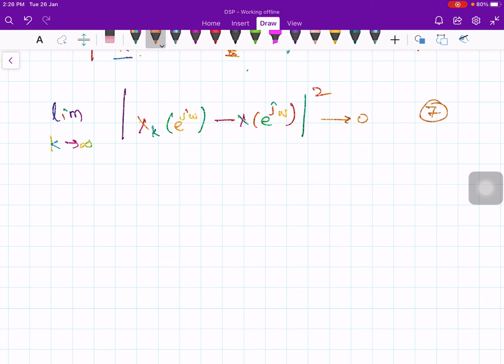Why does the error have to go to 0? Because it is square summable. If you assume square summable, then this minus this must be equal to 0. Since we have taken the magnitude squared, the negative sign doesn't matter, it is a difference. You can write it like this, or you can write x of e to the j omega minus x suffix k of e to the j omega, doesn't matter, both are the same.